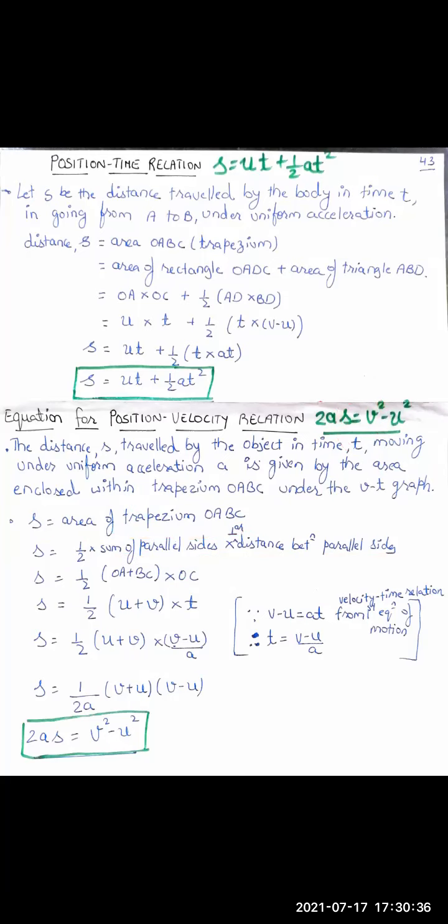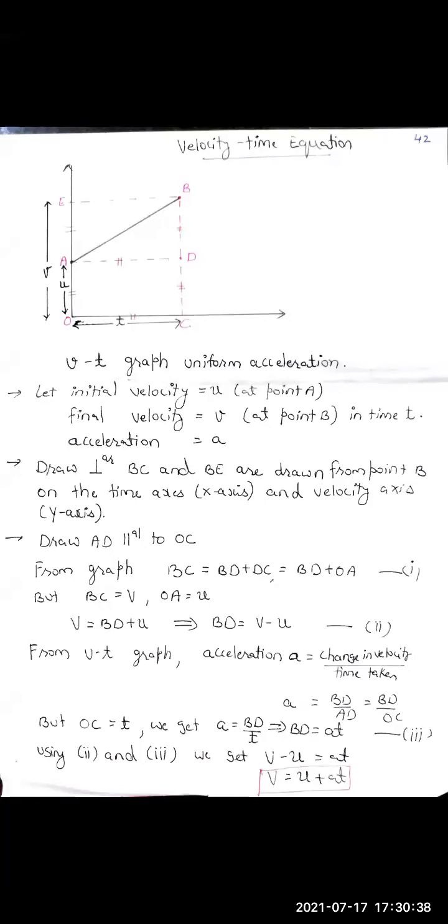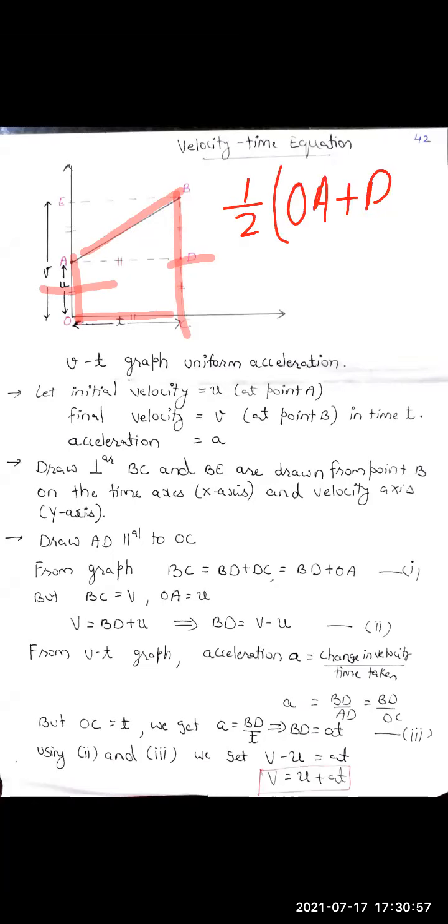So in this graph, OABCO is your trapezium. Now, if you see, OA is parallel to BC. They are parallel sides. So what does the formula say? Half into the sum of the parallel sides, so it is OA plus BC, into the perpendicular distance between the two parallel sides.